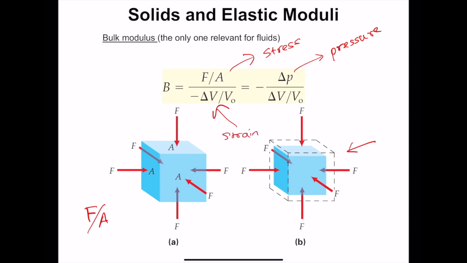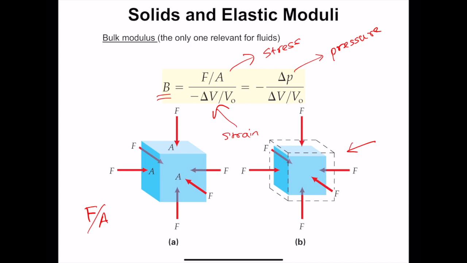Why do we have a minus sign? Just because it was once conventional to define delta V, where the object is contracting, with a negative sign. To counteract that, a negative sign was included in the formula to make the bulk modulus positive. That's just convention.